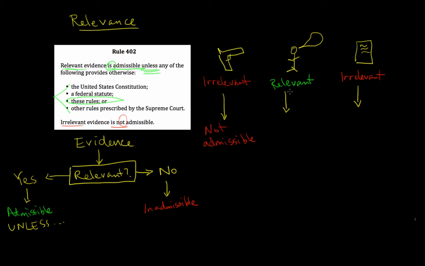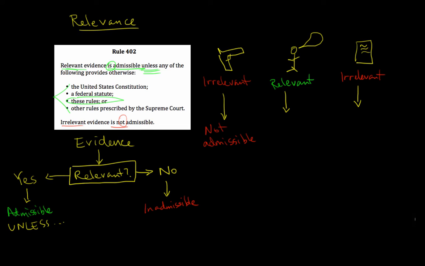Okay, so let's look at the next one. Let's look at the eyewitness testimony. Is the testimony admissible? Well, we said that the testimony is relevant. So if we put it through our relevance test here, then we see that it is admissible unless one of these things makes it inadmissible. But we haven't yet learned about how any of these things might make a piece of testimony inadmissible.